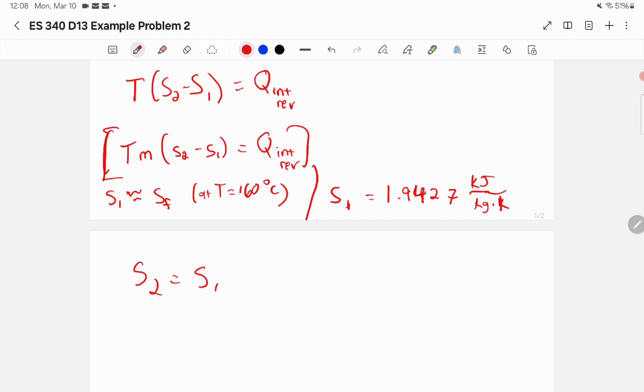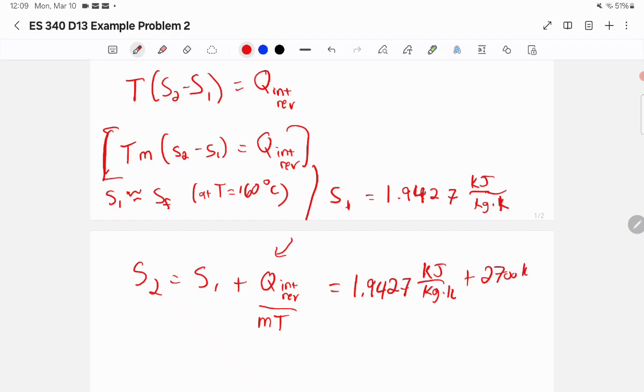So it's equal to S1 plus Q of the internally reversible process divided by m times T. And then that's going to be equal to, well, we had that s1, 1.9427 kilojoules per kilogram Kelvin, plus 2,700 kilojoules, that was the Q that we were given in the problem, divided by the m, which was 2 kilograms.